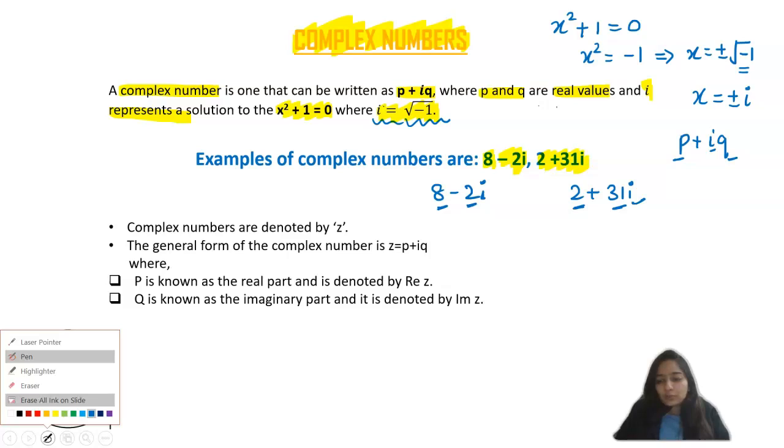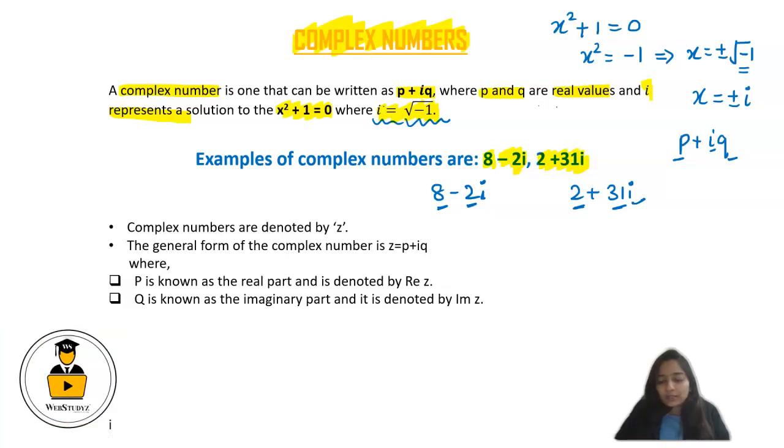Now moving towards the next point, complex numbers are denoted by Z. The general form of a complex number is Z is equal to p plus iota q.